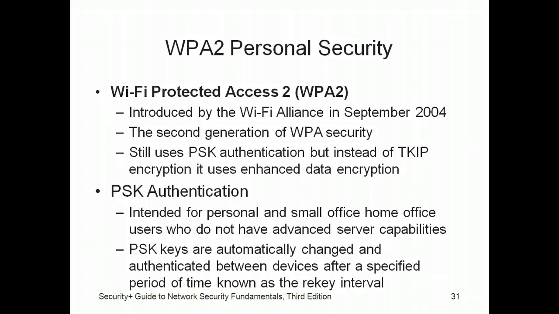Then WPA2 came out, second generation, much cleaner, easier to use, as you can guess. It still uses a PSK to authenticate, but instead of TKIP, it used enhanced data encryption. I think the reason was what I just mentioned earlier: the steps to use TKIP, the manual stuff, were so hard some people weren't going to do it.